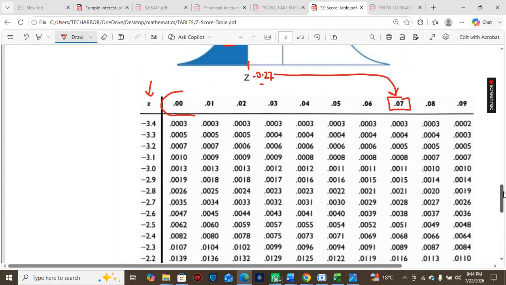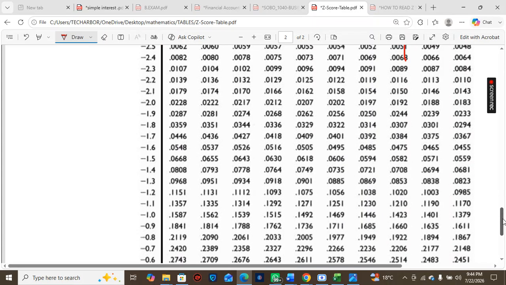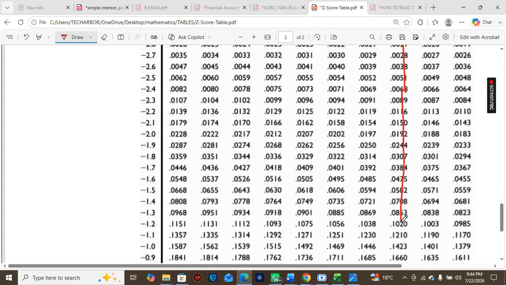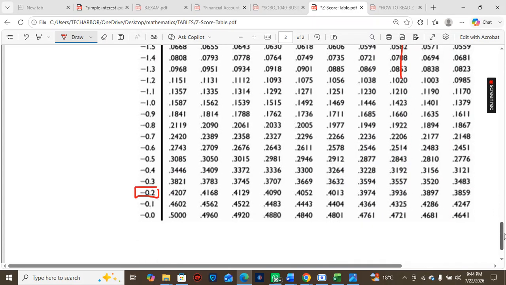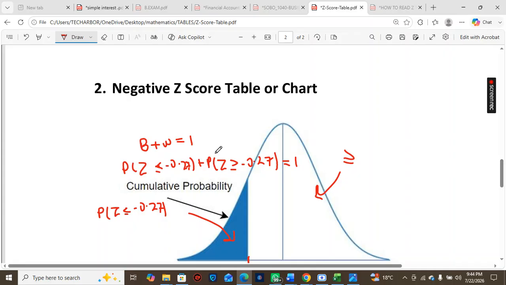Where they intersect, that is our probability. You bring this down here, where they intersect, that is your area or probability. So they intersect at 0.3936.